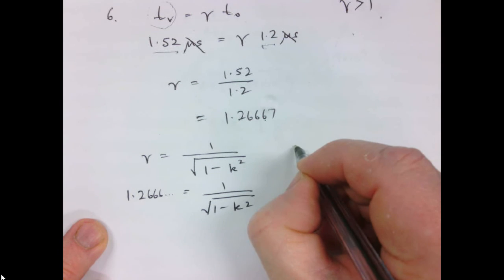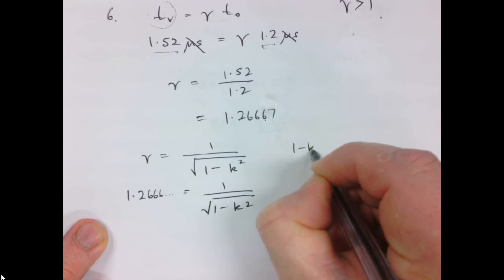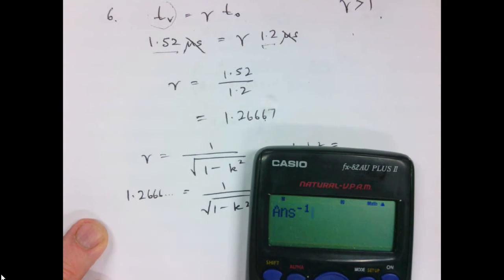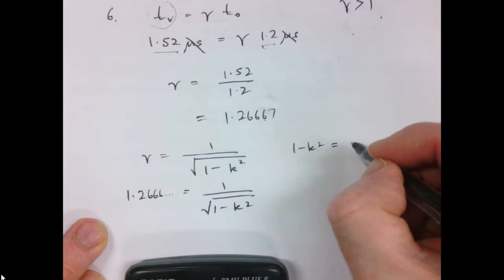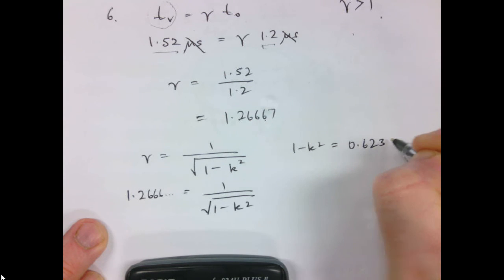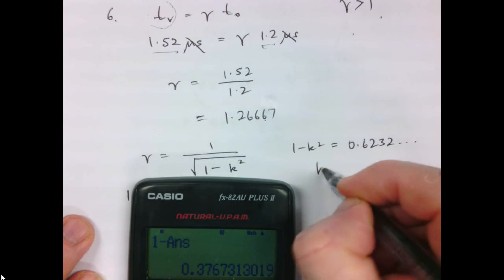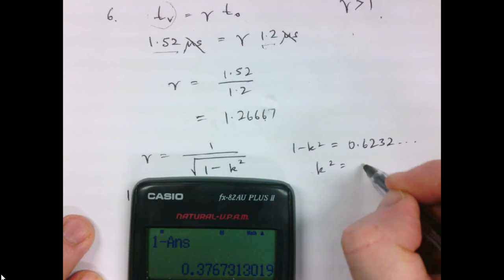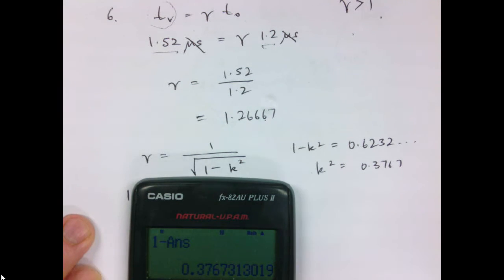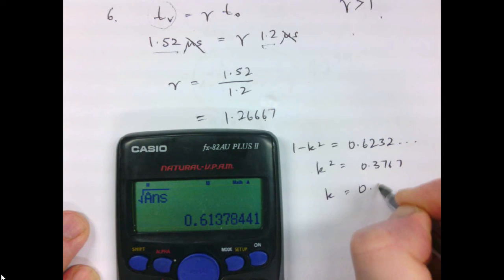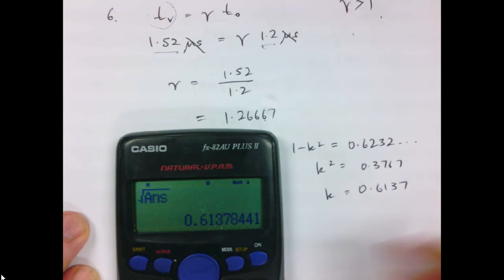Swapping them over and squaring, 1 minus k squared would equal 0.6232, and so on. 1 minus that answer, k squared would equal 0.3767, and finally k is equal to 0.6137.